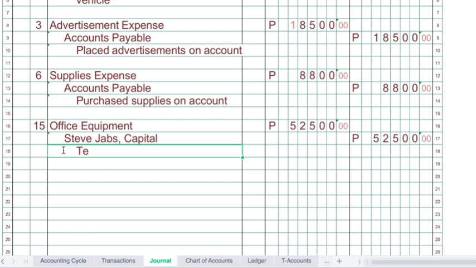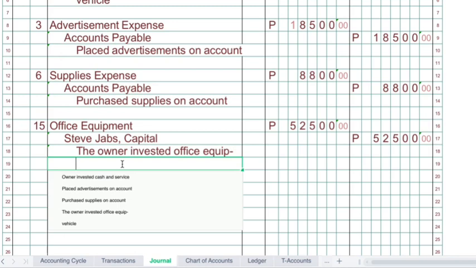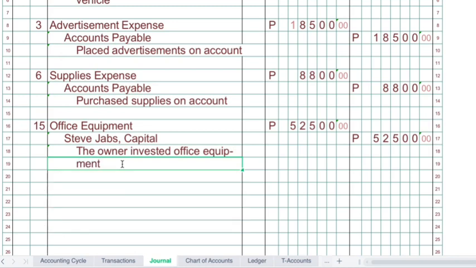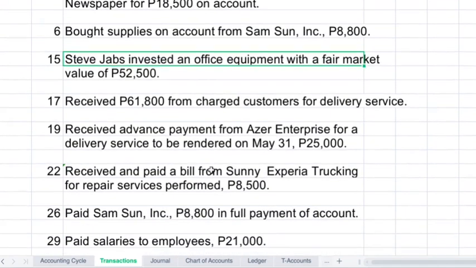So, the owner invested office equipment. Alright. Okay, next. We have May 17.